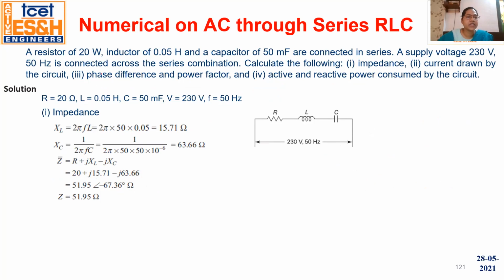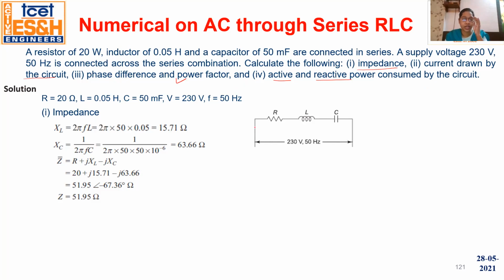Now the next numerical: a resistor of 20 watts, an inductor of 0.05 Henry and a capacitor of 50 microfarad are connected in series. A supply voltage of 230 volt, 50 hertz is connected across the series combination. Calculate the following: impedance, current drawn by the circuit, phase difference and the power factor, and then active and reactive power consumed.